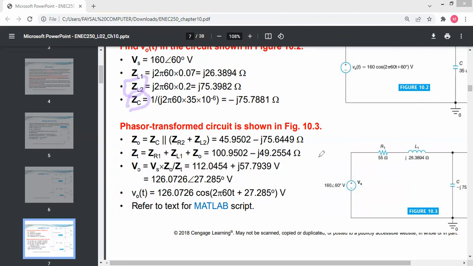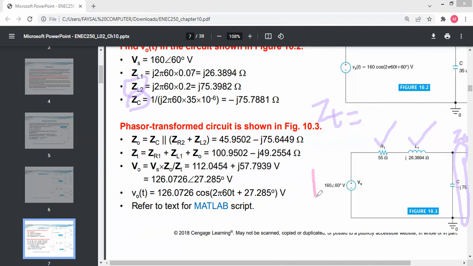Now for Z total. So Z total will be equal to three parameters. First is this one, that is my Z naught, and then there are two more parameters, this one and this one. So after finding the value of Z naught, my circuit will be like this one.